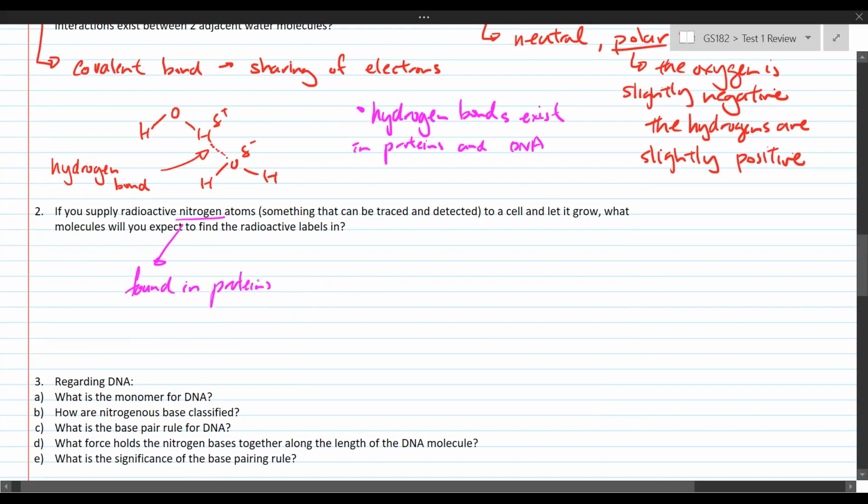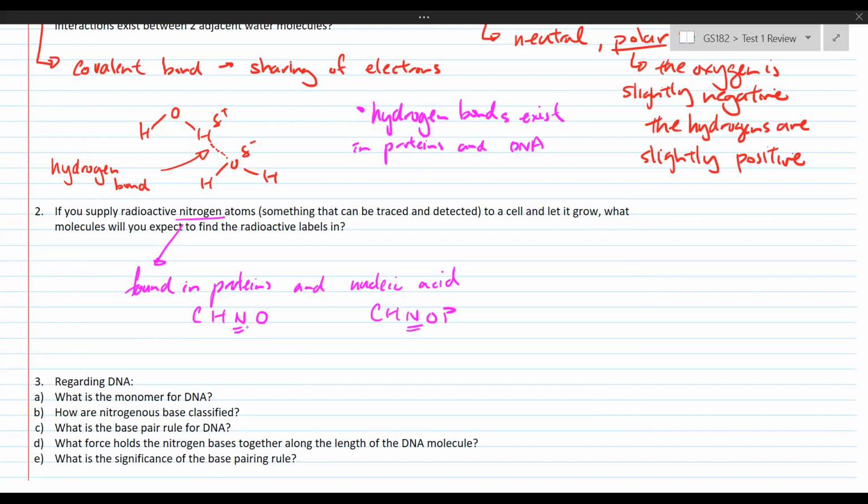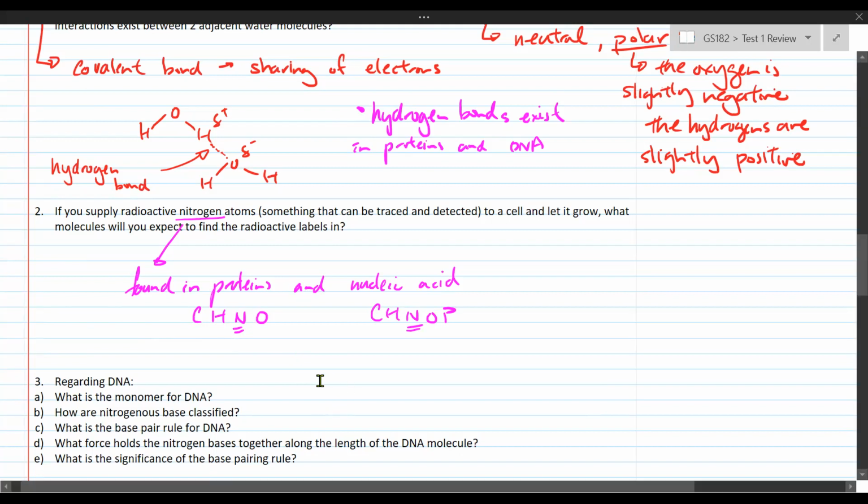Remember, proteins are made up of C, H, and O and then a trace of sulfur. Nucleic acid is CHNOP. So both of them have nitrogen. You would expect these molecules to pick up the radioactive nitrogen atom, and you'll be able to identify them.